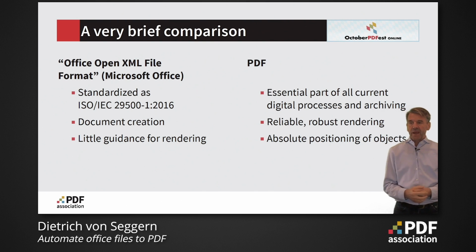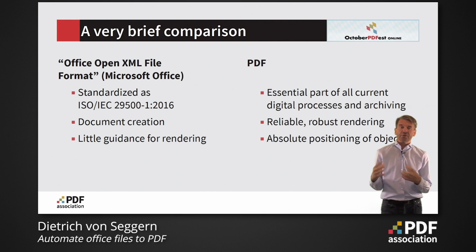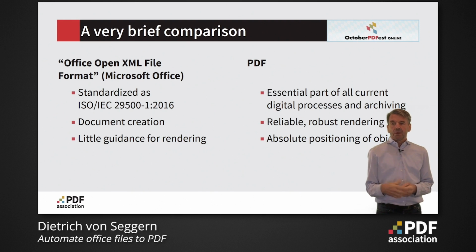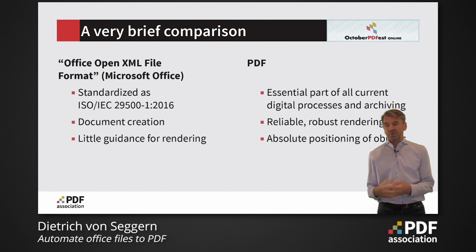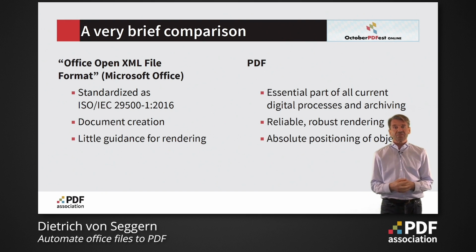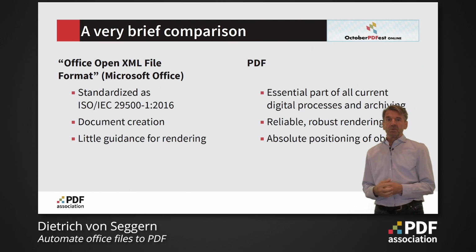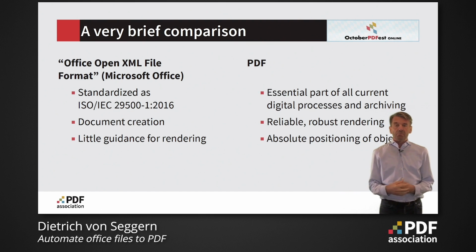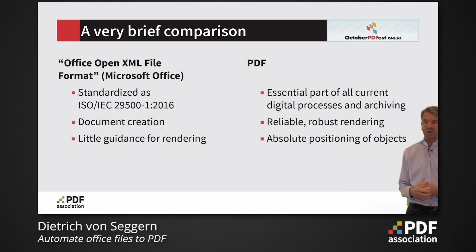PDF, on the other hand, is an essential part of all current digital processes and of archiving anyway, so it is definitely around. But the PDF standard very much emphasizes how rendering takes place. It's not just how to store files in the PDF file. There's not much about creating files, but there is a lot about how to display stuff that is stored in a PDF file.